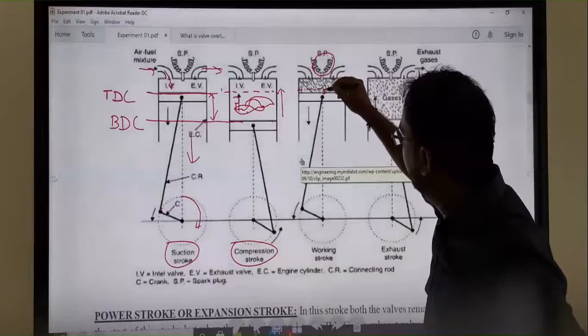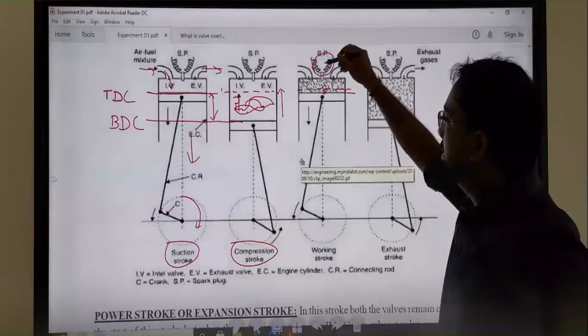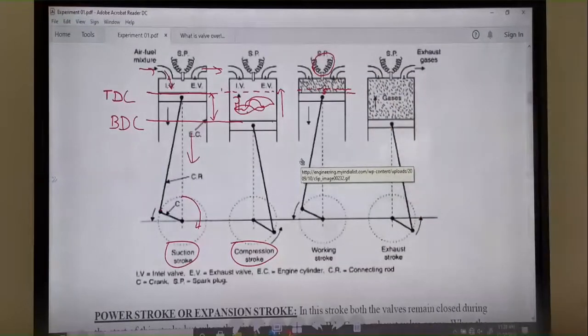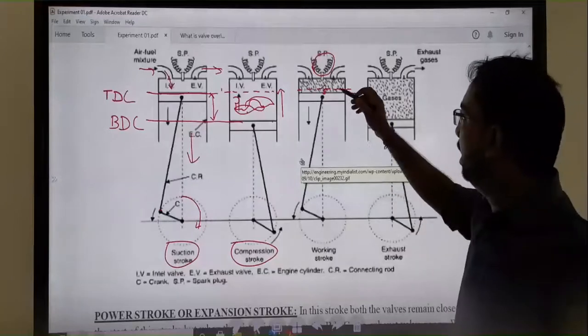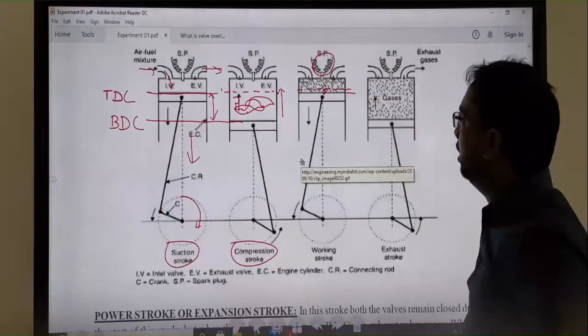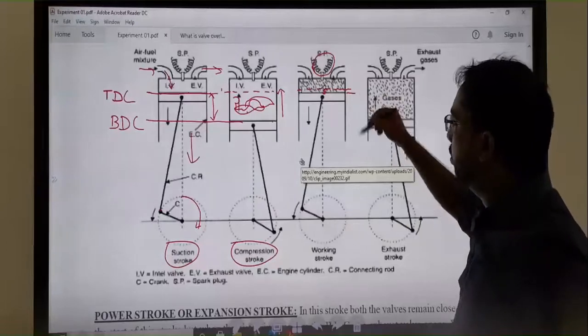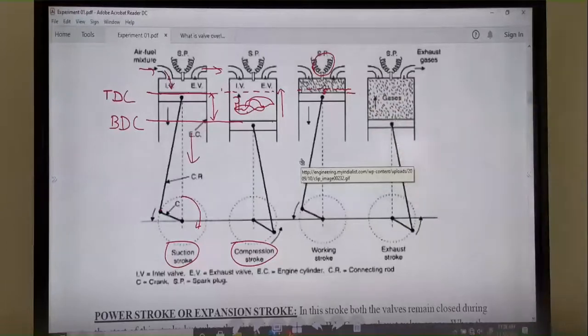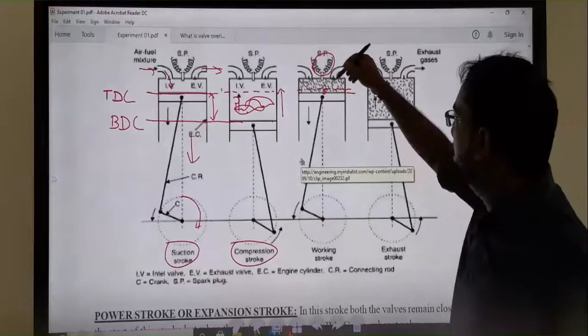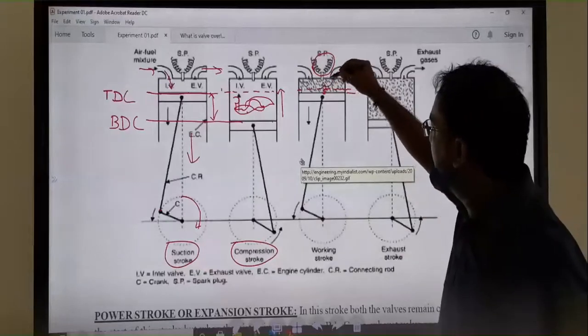This spark plug starts to give a spark. The compressed air mixture reacts with that spark and it obtains the power for this engine. At that time there is combustion here.